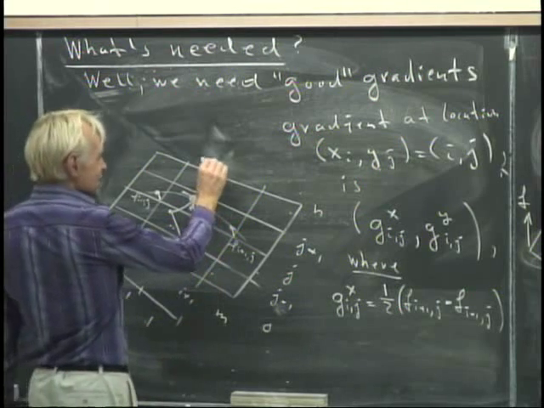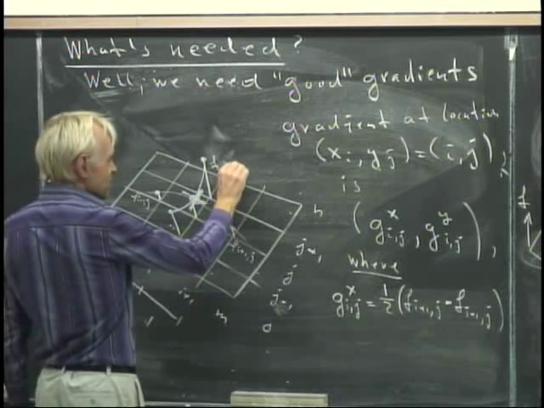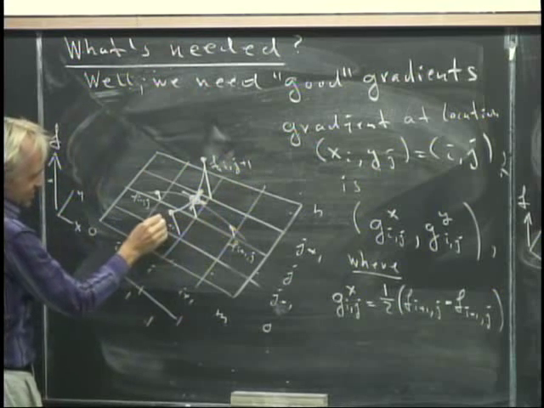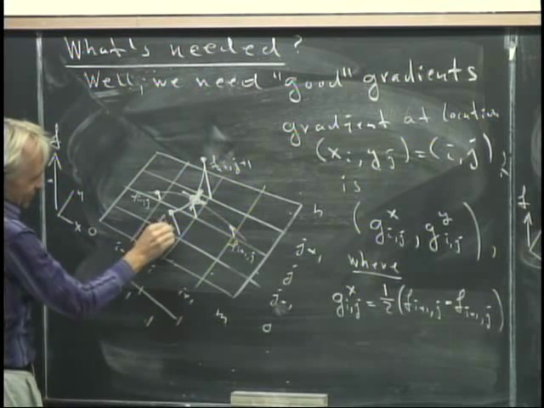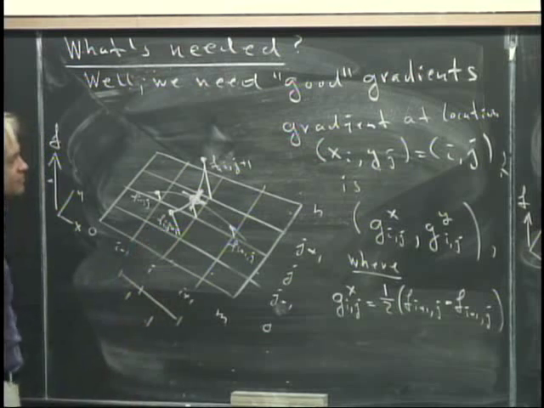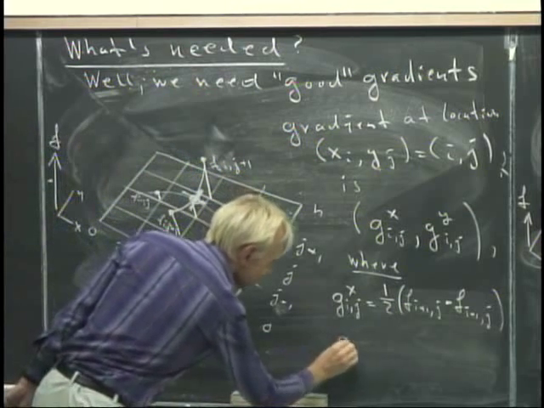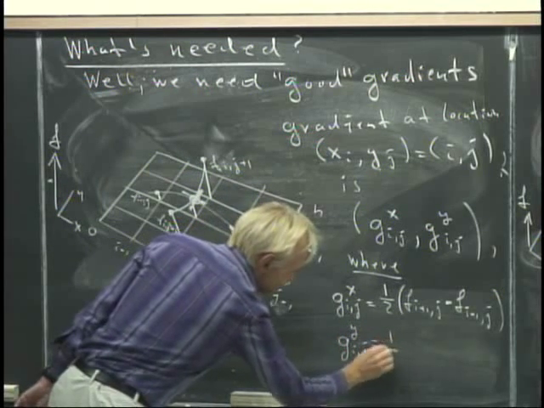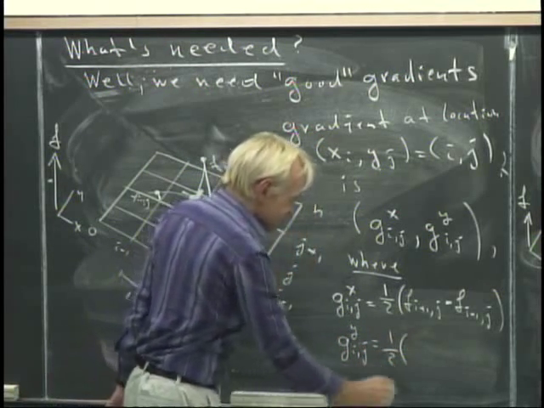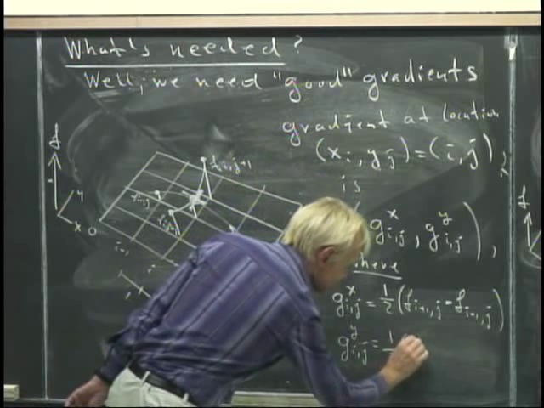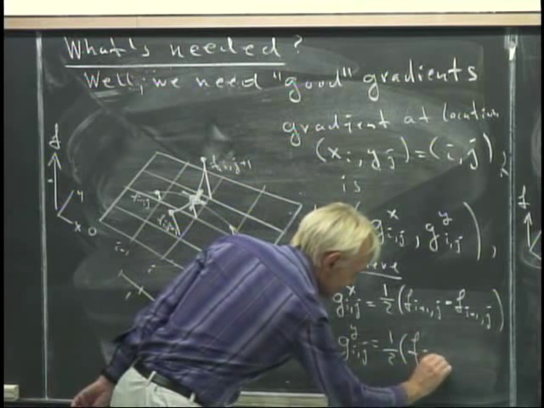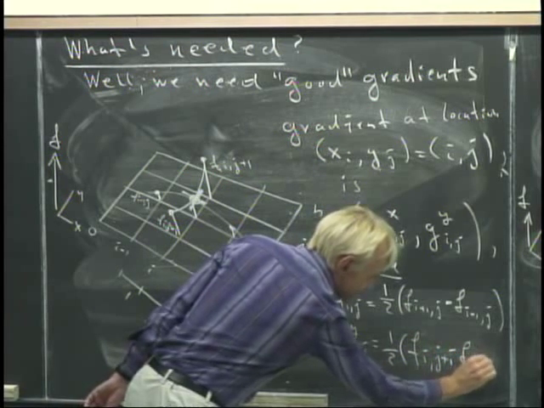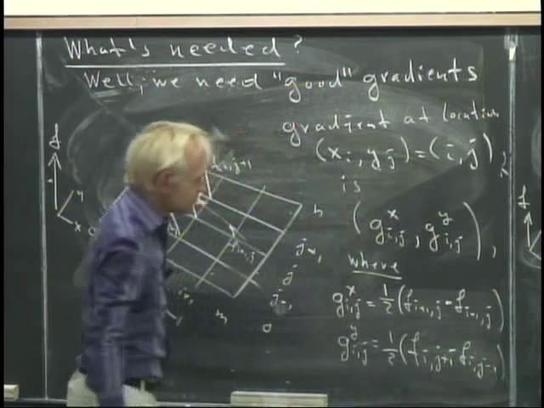And so then this height is f_{i,j+1}, and this height is f_{i,j-1}. So then the y component of the gradient would be 1/2 of the neighbor in the back minus the neighbor in the front, f_{i,j+1} minus f_{i,j-1}. Okay.